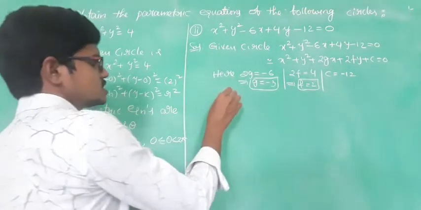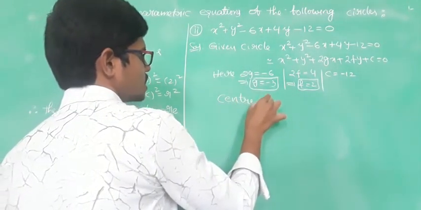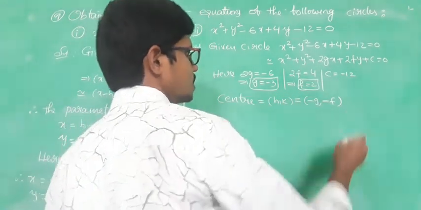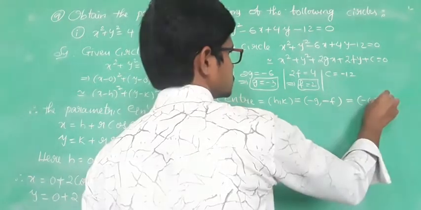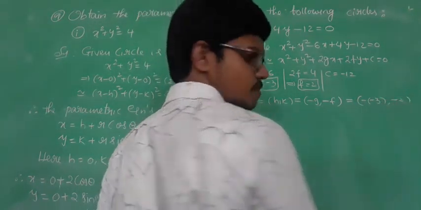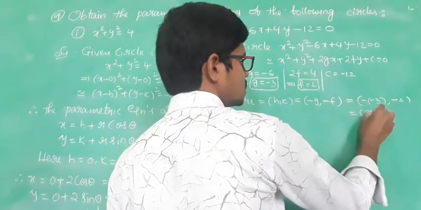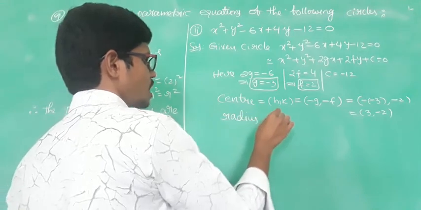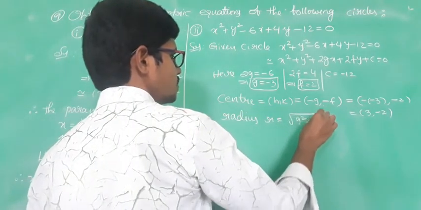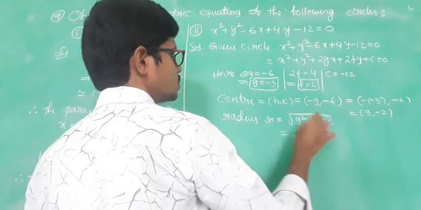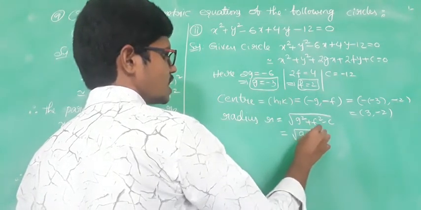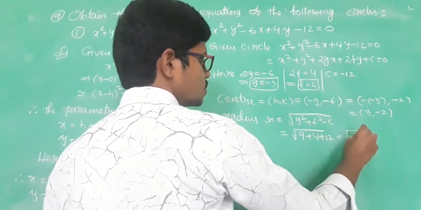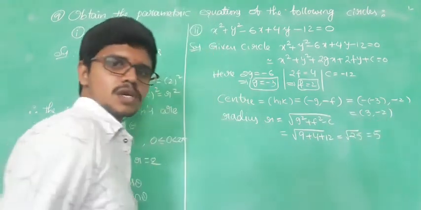Clear? So what is the center? Center (h, k) = (−g, −f), so (3, −2), and the radius r = √(g² + f² − c) = √(9 + 4 + 1...). Precisely: (−3)² is 9, f² is 4, minus of −1 is plus 1, giving √25, that is 5. So r = 5.